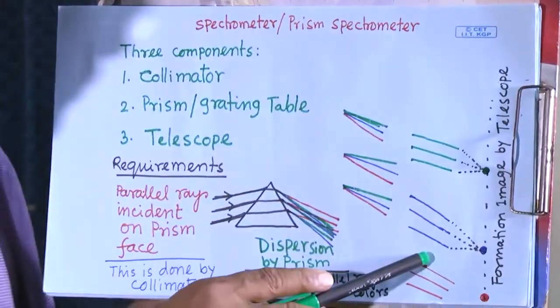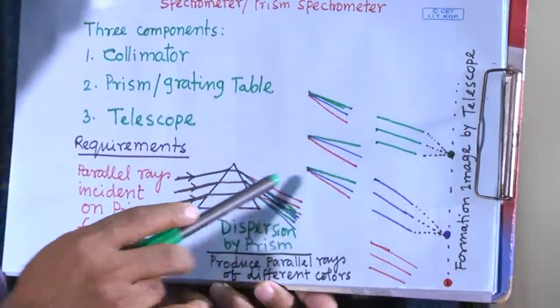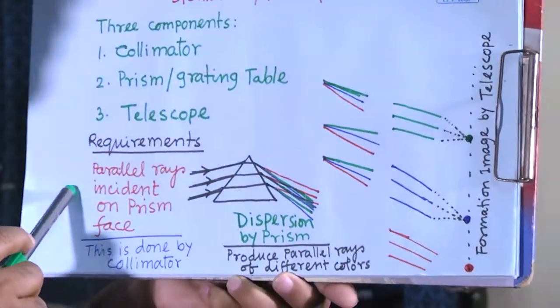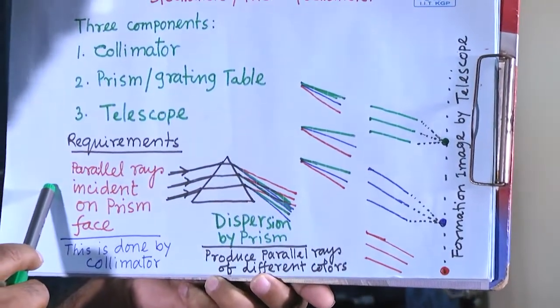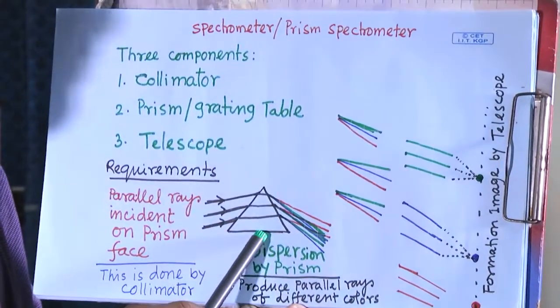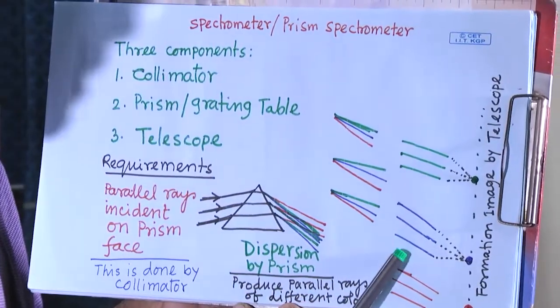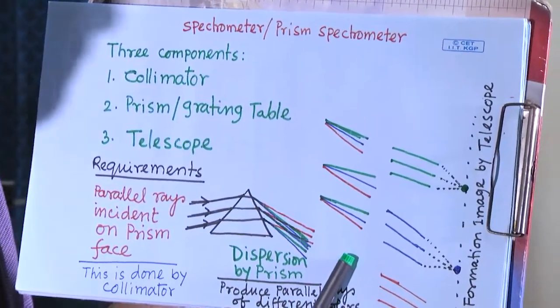Now we want to see the image of the source. Due to the effect of the prism, you are getting parallel rays of different colors.